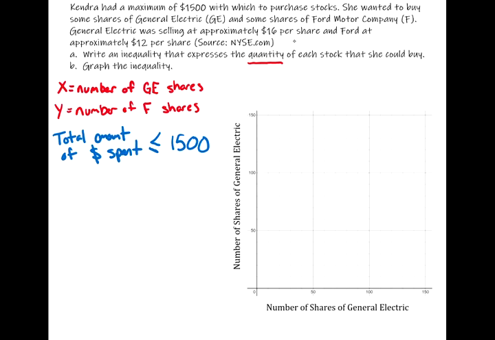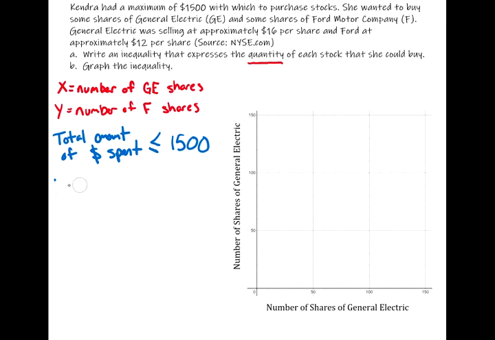If she bought any number of shares, you take that number and multiply it by 16. The number of shares that she's buying of GE, we don't know how many it is. We're calling it X. So she's buying X shares of GE, spending $16 X number of times. So the amount of money she spends on GE would be 16 times X.